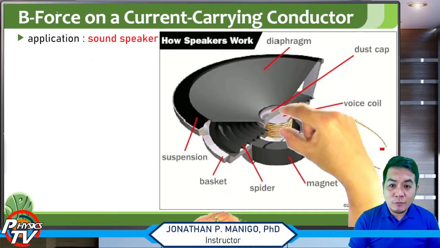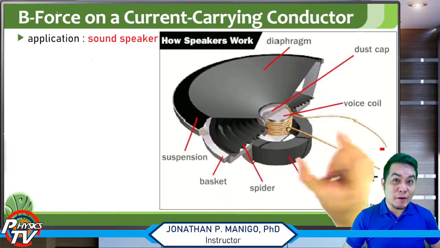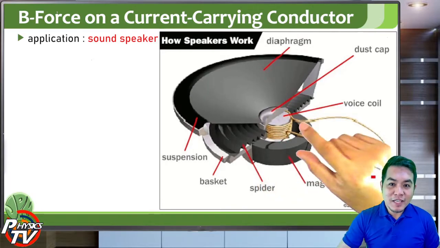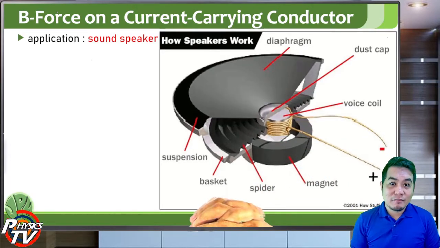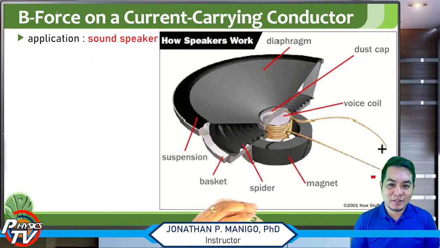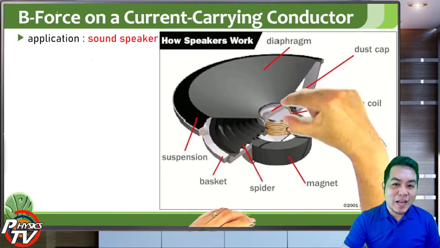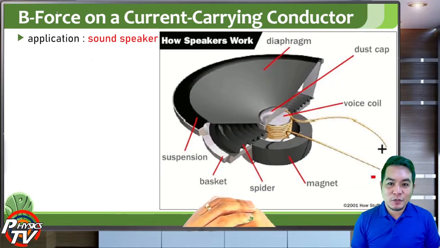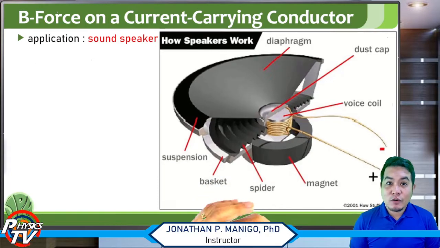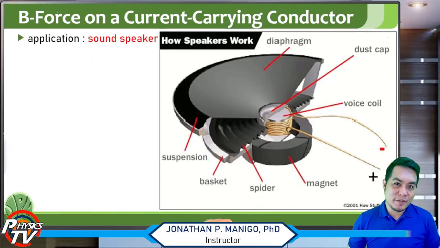And the back and forth motion, as we have discussed in the chapter on waves, will create mechanical waves and produce sound waves. So there's a back and forth vibration due to the magnetic force, and this will create mechanical waves or sound waves.